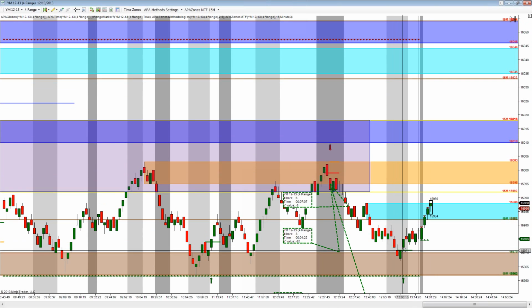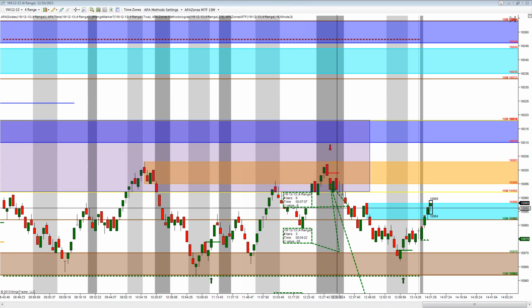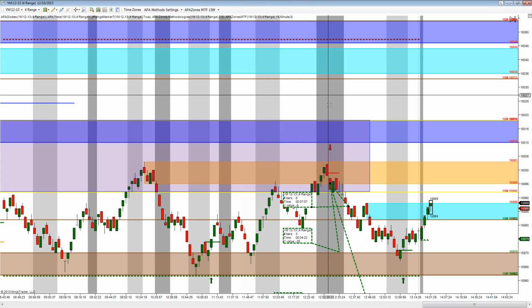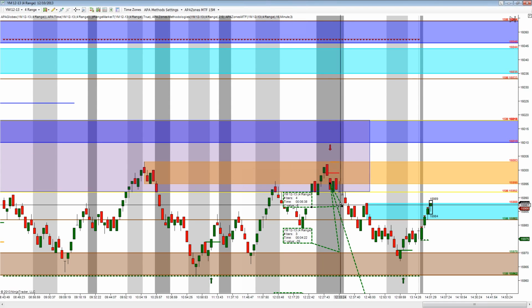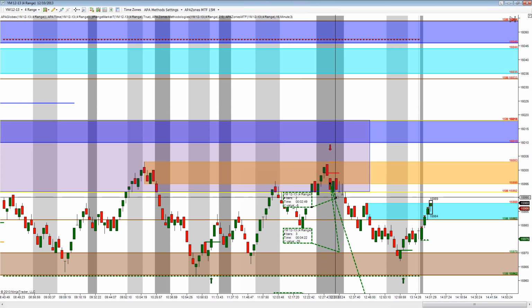Looks like we actually got another bounce off of this brown zone at the end of the day here, though. What is my profit ratio? Well, that's a good question. Technically, what I like to do is scalp my first target at a 1-to-1 or slightly inverted, just because I want to be able to pay for this trade.